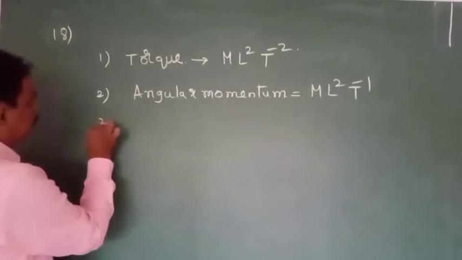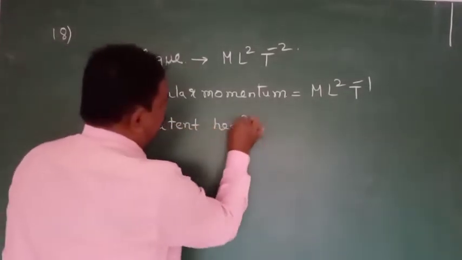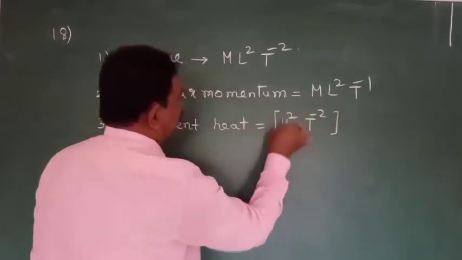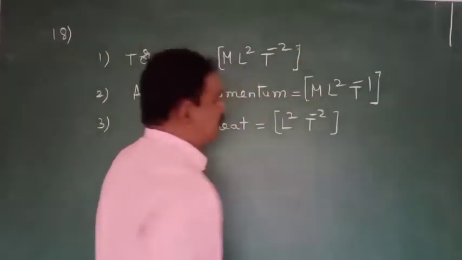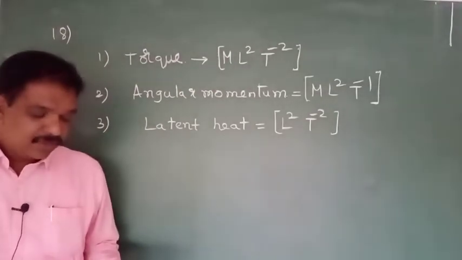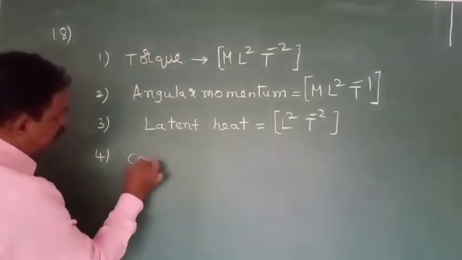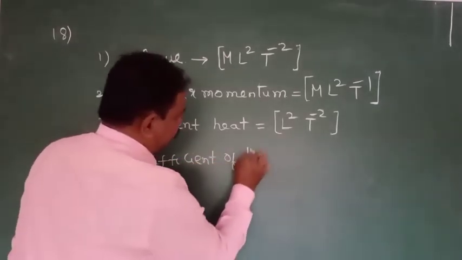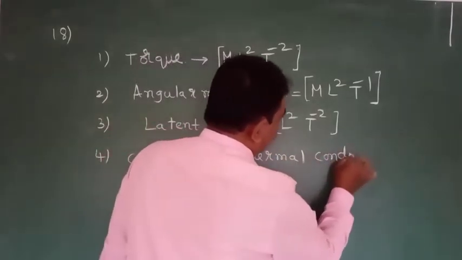Next, third one, latent heat. Latent heat dimensional formula is L square T power minus 2. Keep all this in brackets because we have to write dimensional formulas in brackets. Next, coefficient of thermal conductivity.